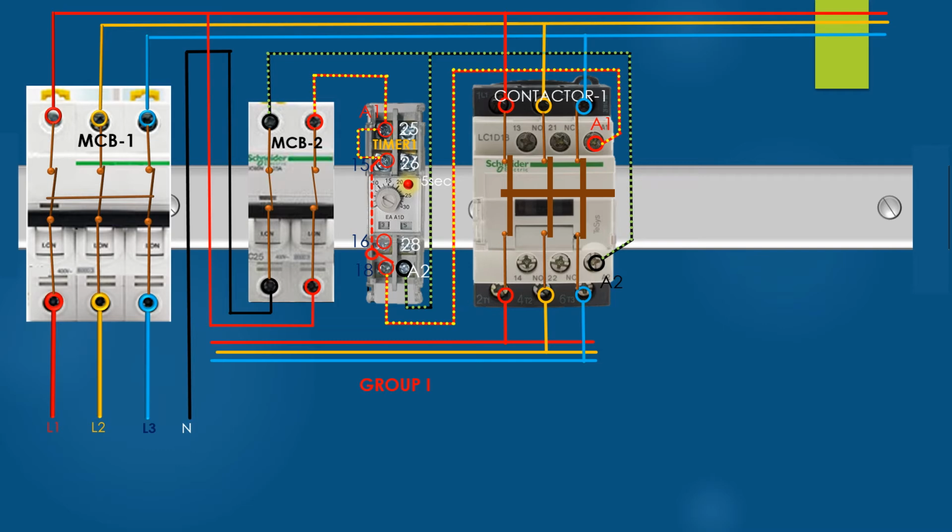Contacts of contactor number 1 move to make the circuit, and thus 3-phase power reaches the buses of group 1.